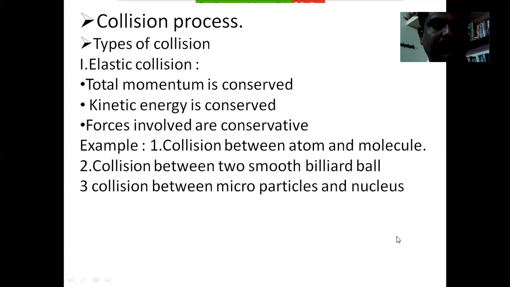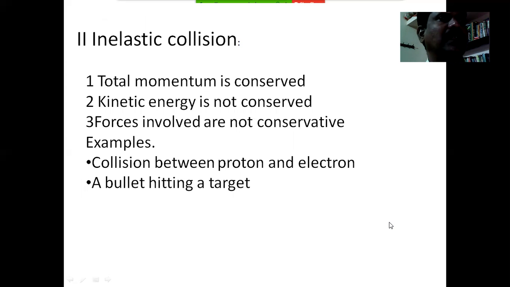Next, let's come to inelastic collisions. In the previous collision process, a collision is said to be elastic if the kinetic energy is conserved. Here, a collision process is said to be inelastic if the kinetic energy is not conserved, but the total momentum is conserved in both collision processes, elastic as well as inelastic.